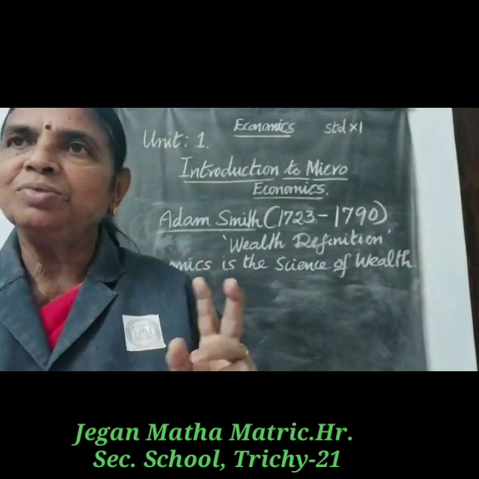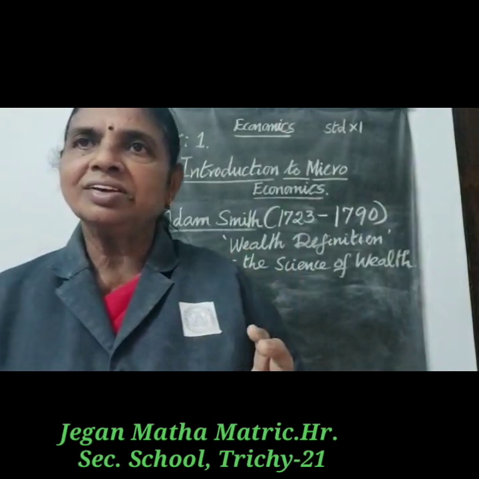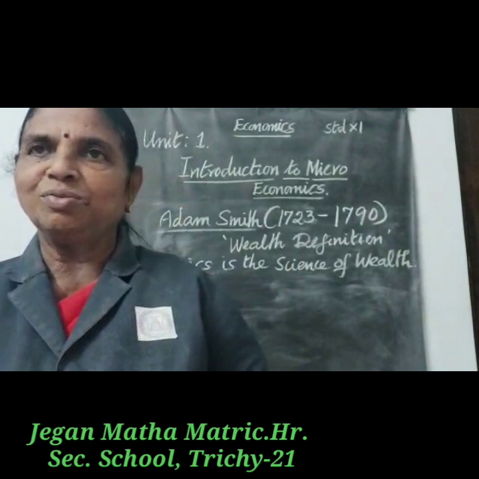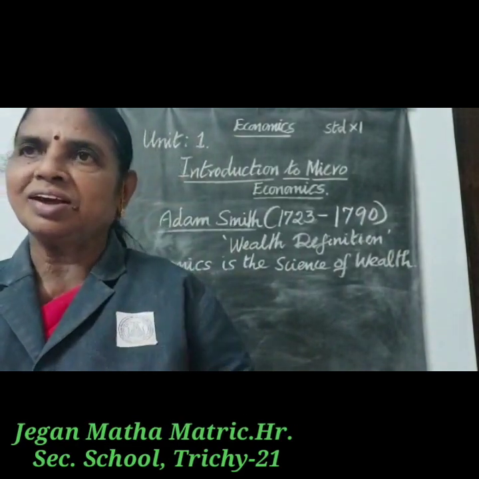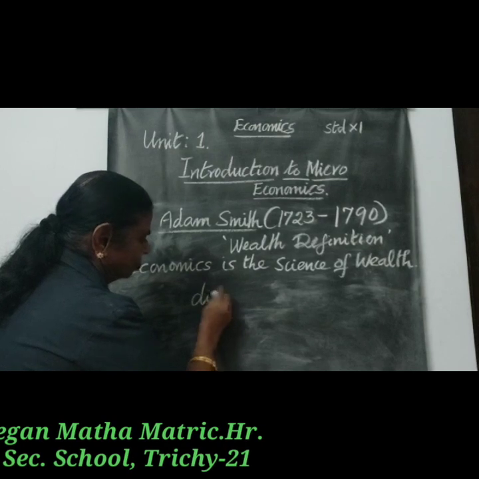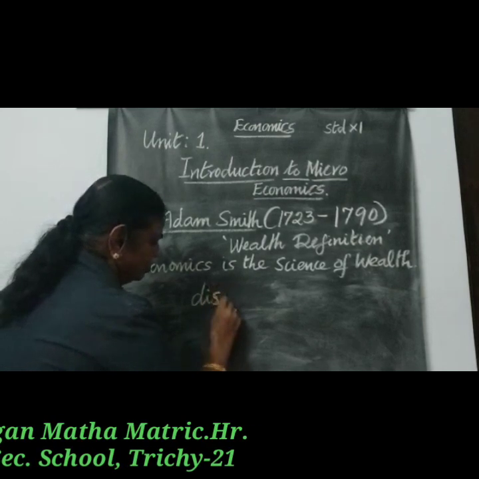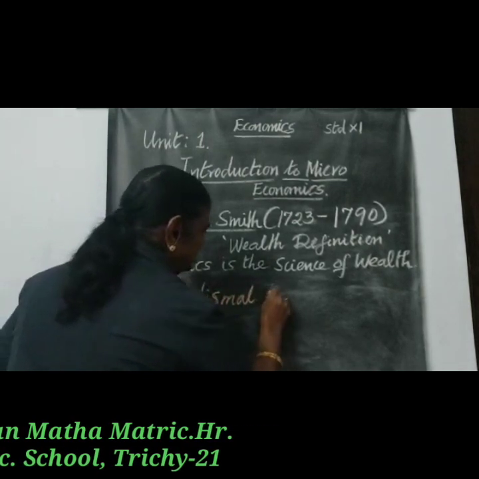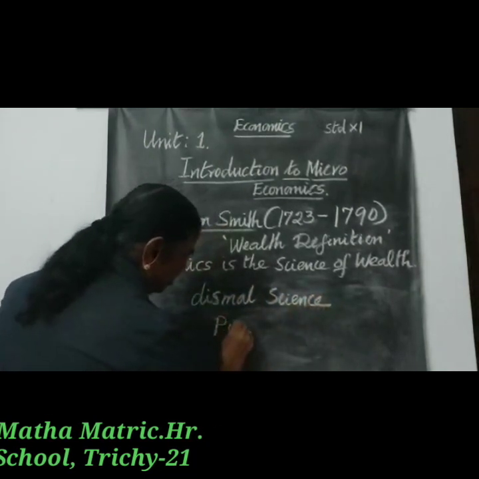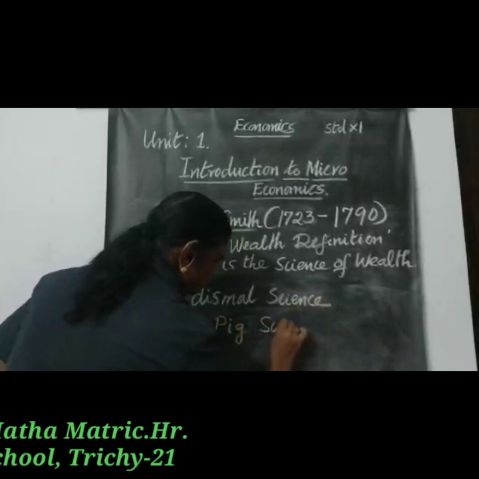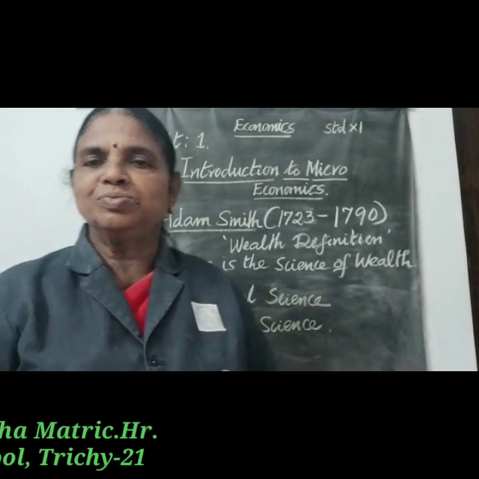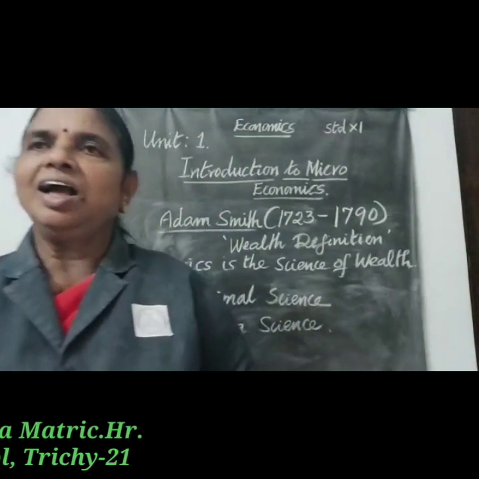The other two famous economists, Ruskin and Carlyle, regarded Adam Smith's economics as a dismal science and a pig science.